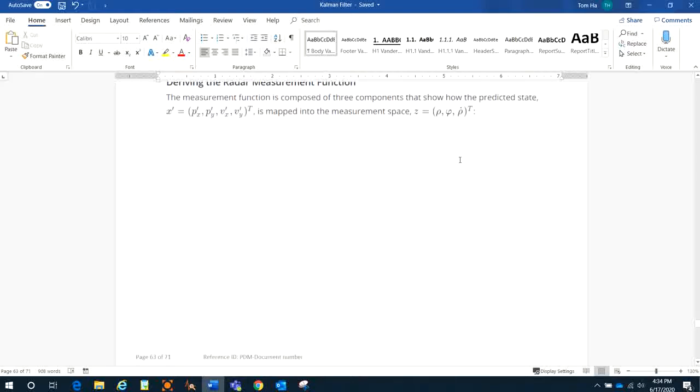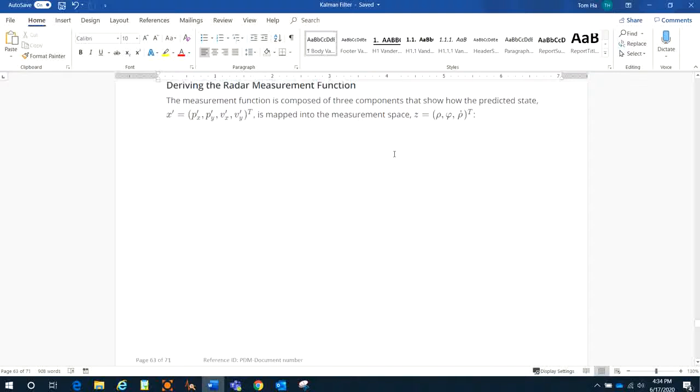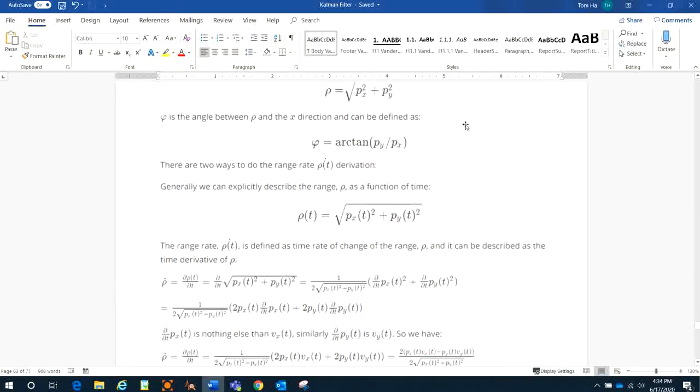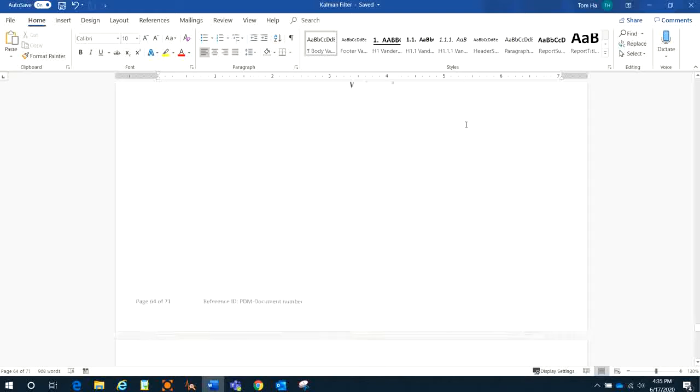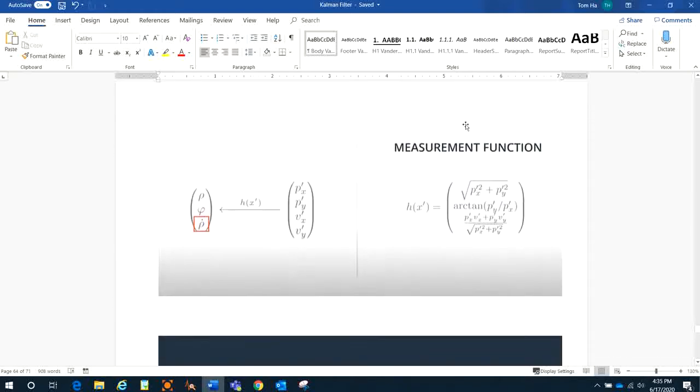So the measurement function is composed of three components. To predict the state, we have the four state variables, which are mapped into the measurement space z. The measurement z from the sensor has only rho, phi, and rho dot, right? That's the reason we have the H function to map between the two coordinate systems.